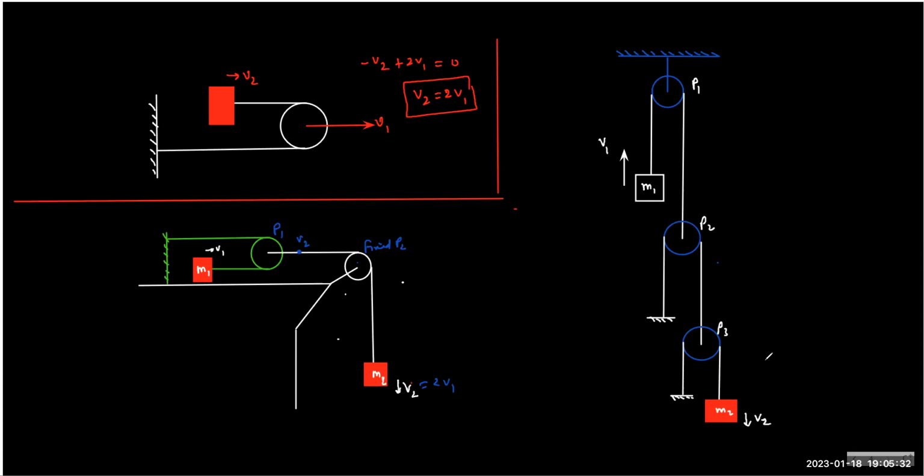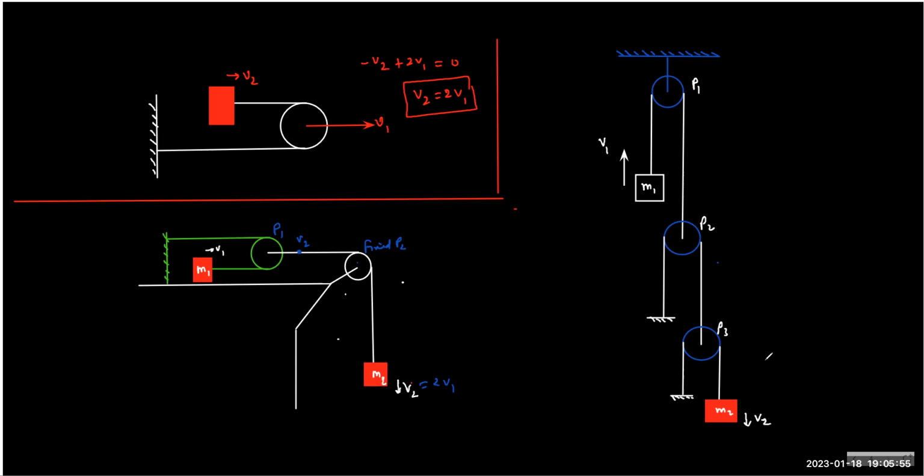You have to think about pulley number one. Imagine that if I take M1 up, what will happen to the pulley P2? How will it move? It will move V1 downwards, right? Look at the right side: the left of P2 below cannot move, right?